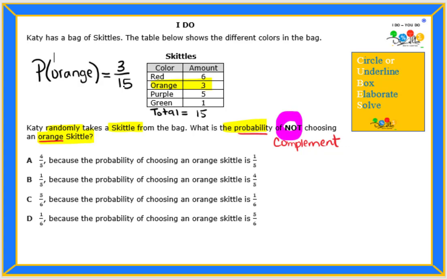So now we have the probability of getting orange. We have a fraction that can be simplified. So we do have the probability 3 out of 15, but we want to simplify it. So to simplify, we will have to divide both of these by their greatest common factor, which would be 3.